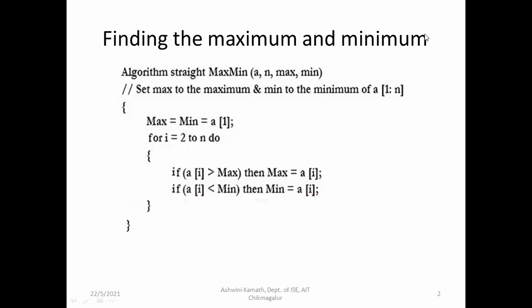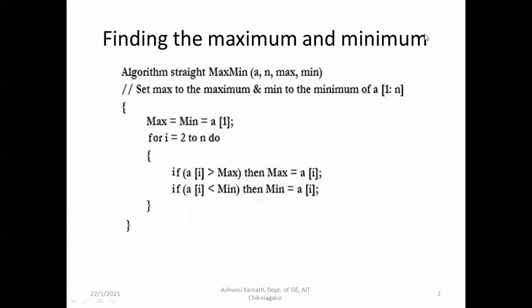Assign max equal to a of 2. If a of i is less than min, if you find a value which is less than the min which you have assigned already, then change the value of min. Min is equal to a of 2, for example. This will continue until all the elements get exhausted.